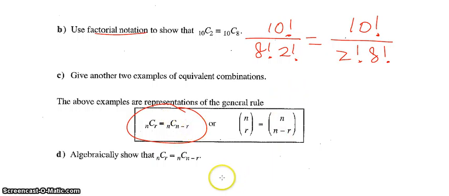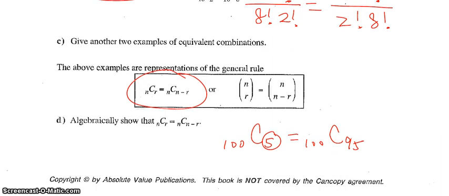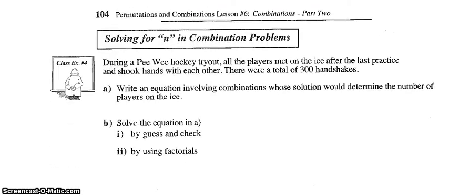If you have 100C5, it is the same as 100C(n minus r), 100 minus 5, 95. Choosing 5 objects from 100 is the same as choosing the remaining 95 objects you didn't choose from the 100 objects. It's the same. Okay, so this is what this exercise wants to tell you.